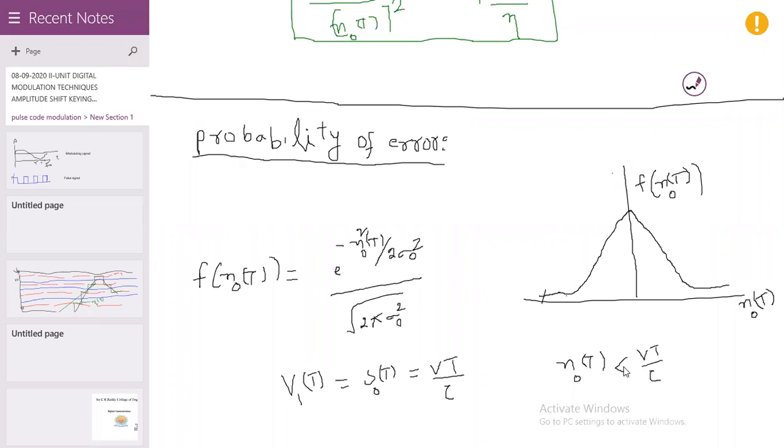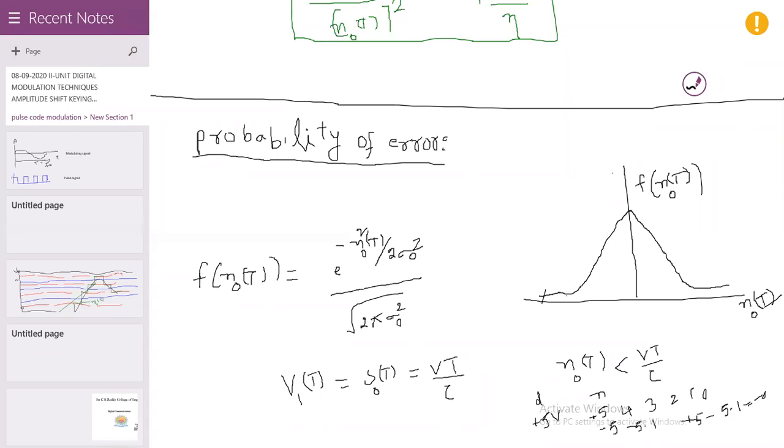There is an error. Let me clarify this again. If the data signal is +5 volts, and the noise signal is added, the output stays positive. As we reduce 4, 3, 2, 1, 0, the output still comes out positive. Look here, if the noise signal is -5 volts, then +5 volts and -5 volts, the output voltage is 0. Otherwise, suppose the noise signal is -5.1. The +5 volts data signal is added with the noise signal, minus 5.1. What is the resultant?